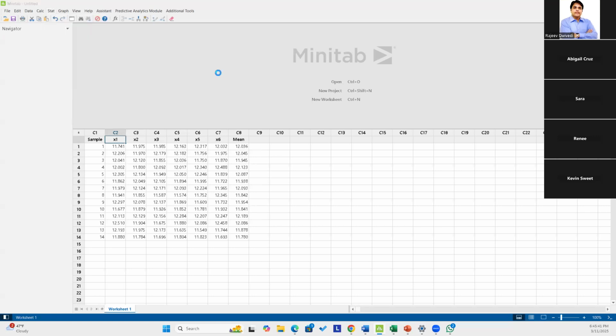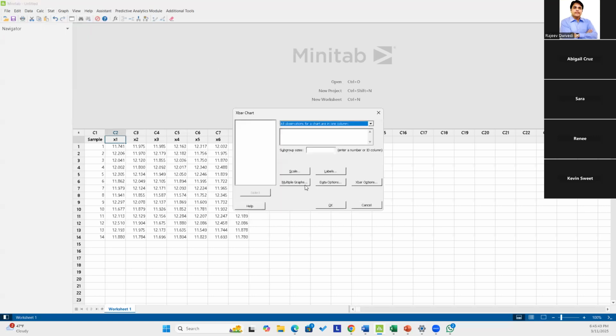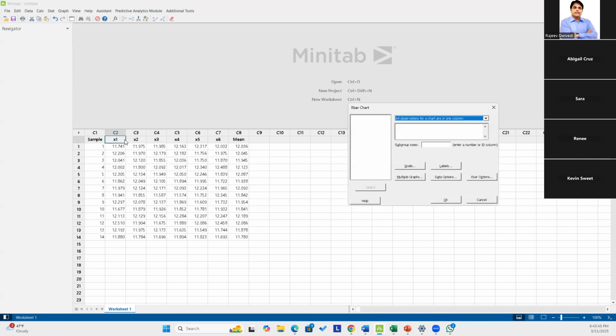Now let's look into the X bar chart. How many subgroups do we have? We have 1, 2, 3, 4, 5, 6. So I'm just taking directly from one column, then I have to put 6. I'm taking all of them from 1 to 6, right here. And I have some options that I can put here.